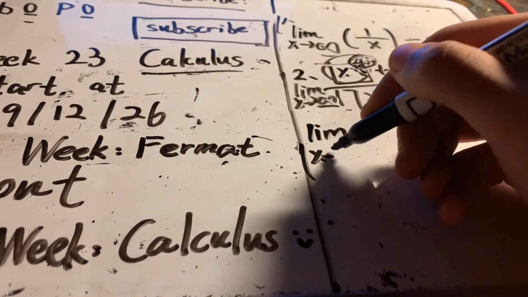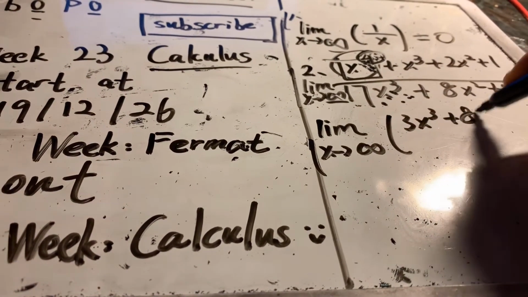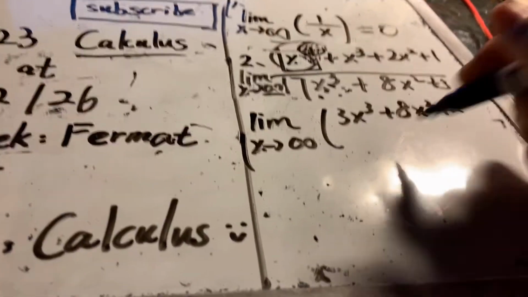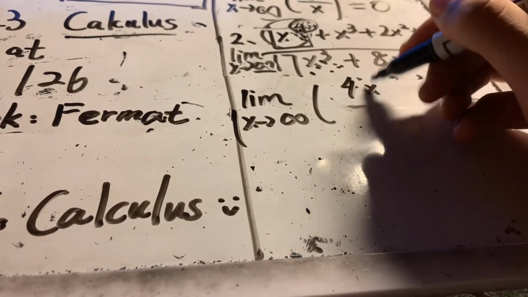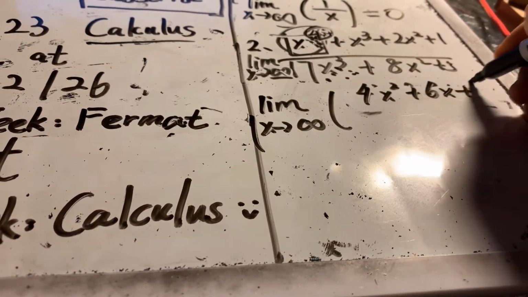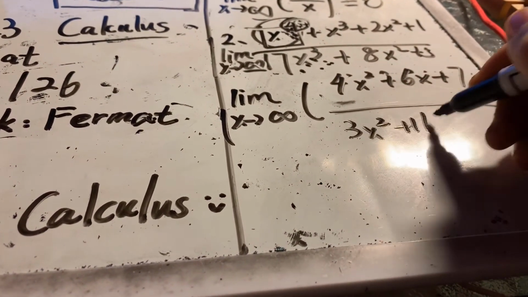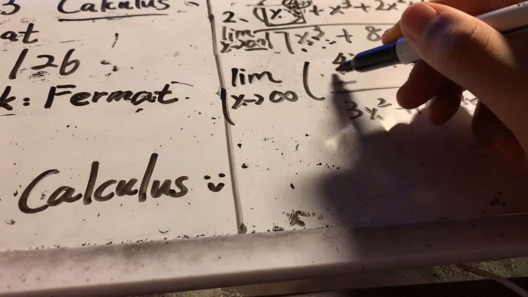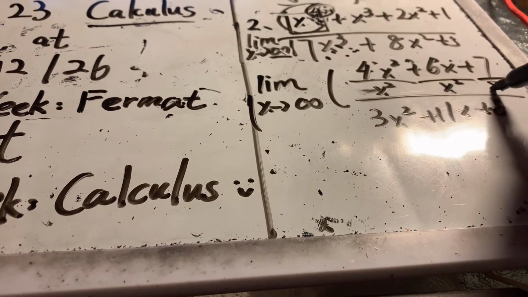And another thing. I'm going to give an easy one: (4x squared plus 6x plus 7) over (3x squared plus 11x plus 8). For this case, you only need to divide by the highest power, which is x squared.